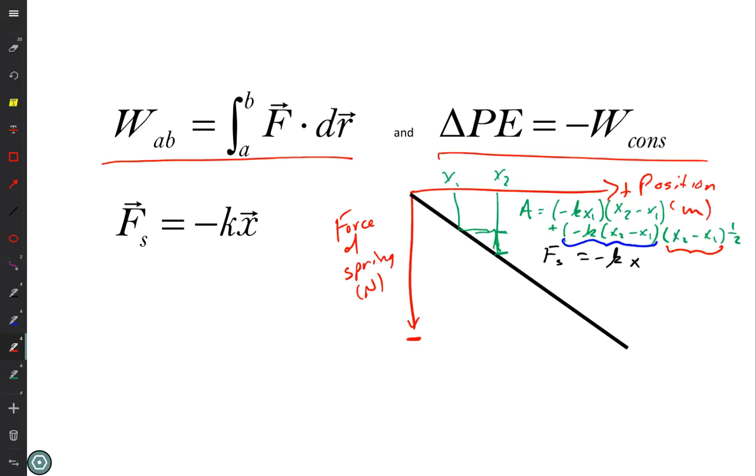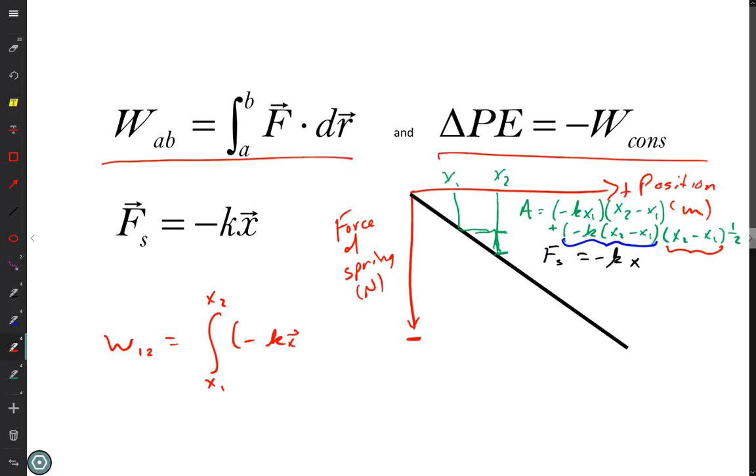Now, if we do it the calculus method, to me it's easier doing the calculus method. I would have work going from x1 to x2 of my force dotted with my dr. In this case, that's going to be dx because my r vector is only in the x direction.